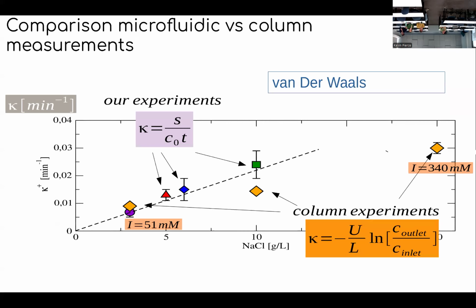Here you see the absorption rate that we measure as a function of the ionic strength, or the amount of salt, of ions in the solutions. You see you have a linear dependence of the absorption rate with the amount of salt in the solutions.